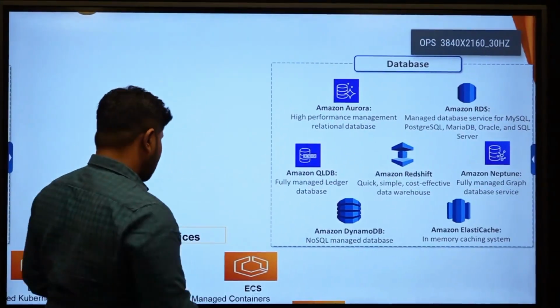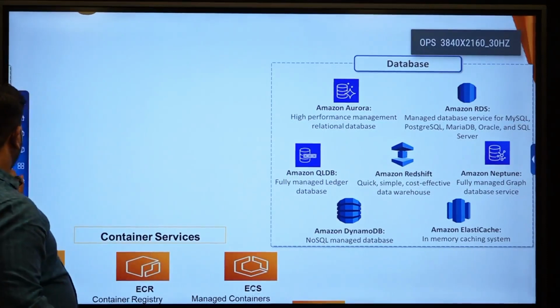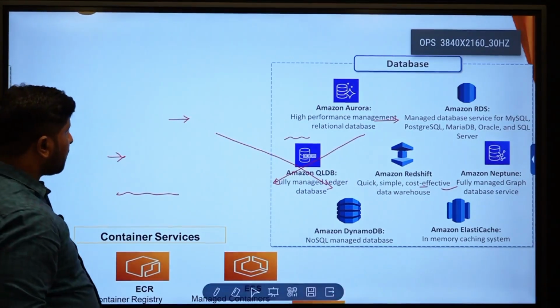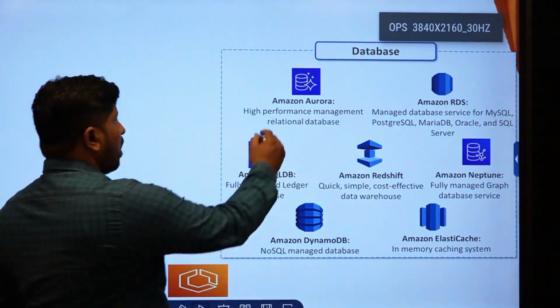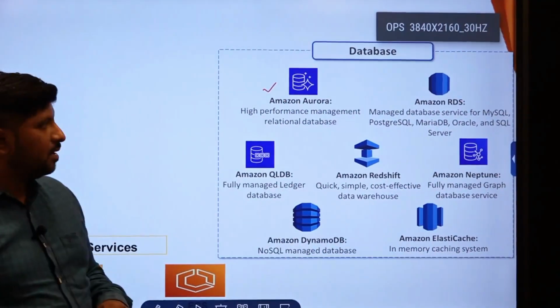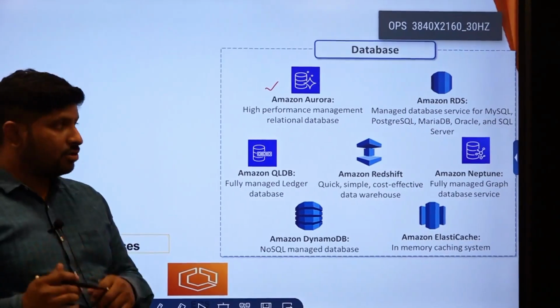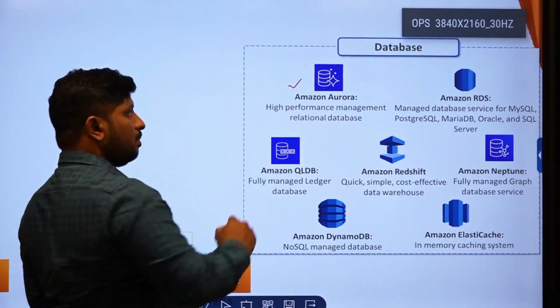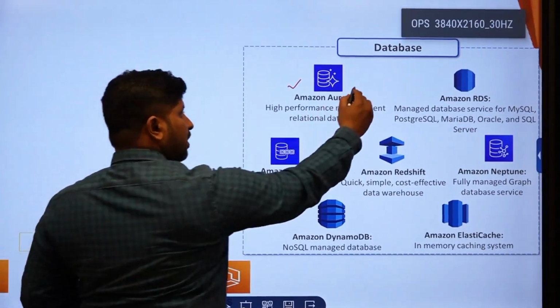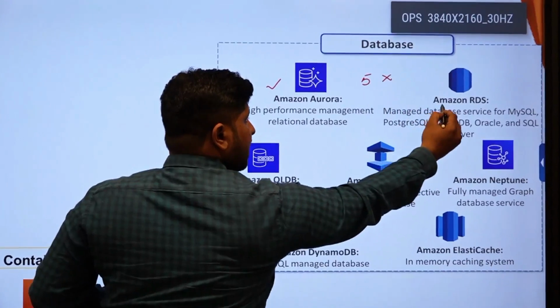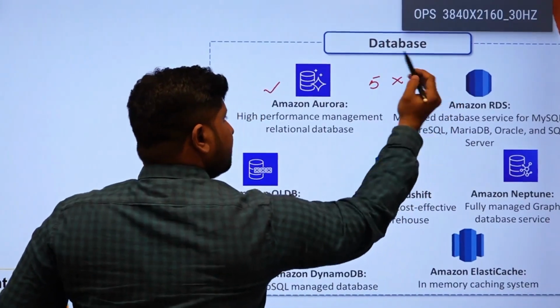And last part of this session is various databases, where we will be focusing on Aurora, a high performance managed relational database. It has been developed and implemented by Amazon itself, and they claim that it is 5 times faster than any relational database.